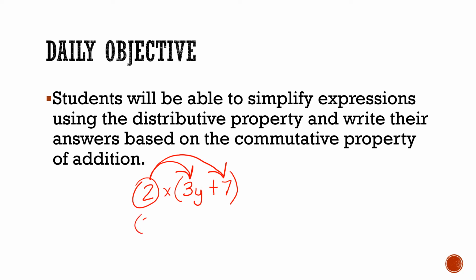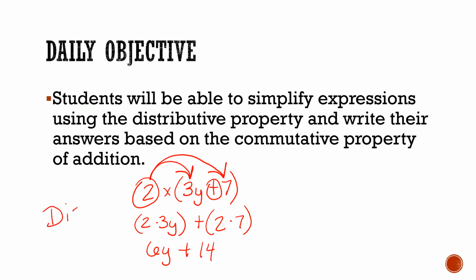So in other words, we're doing 2 times 3y plus, and I got that plus from right here, 2 times 7. So 2 times 3y is 6y plus 2 times 7 is 14. We cannot combine 6y and 14 because those are unlike terms. If 14 had a y on it, then we could. So this is our distributive property.